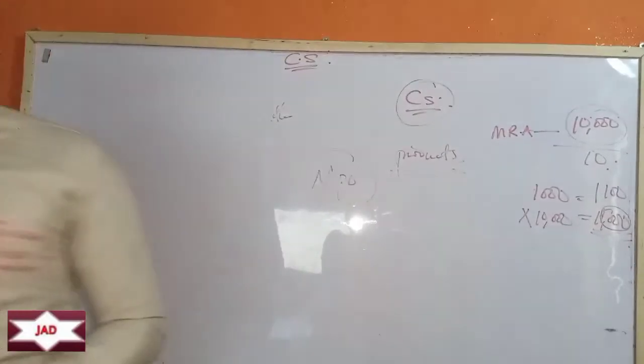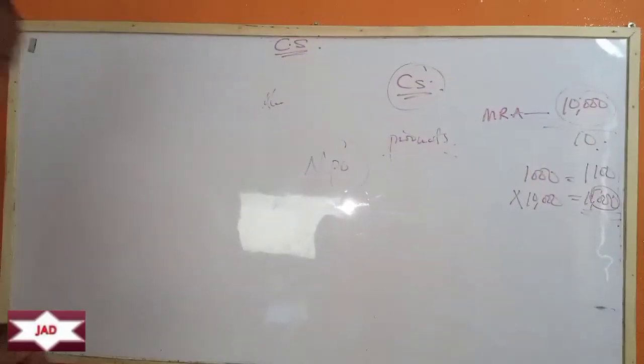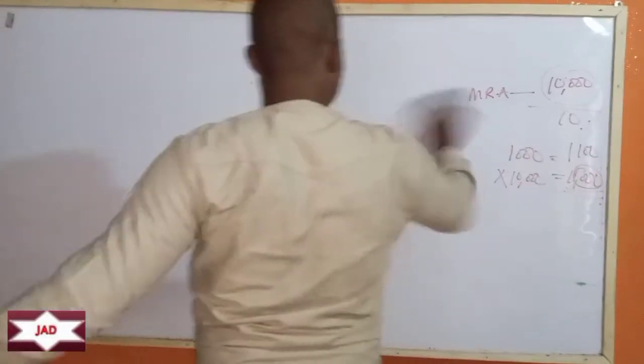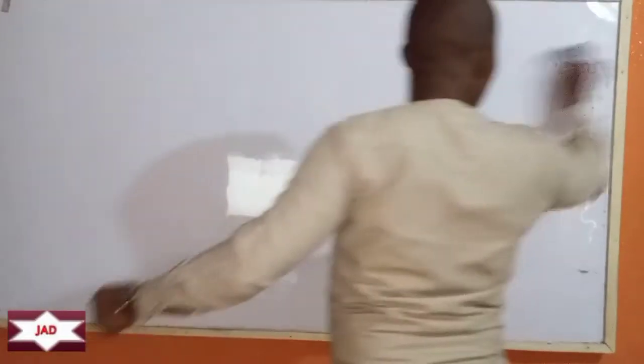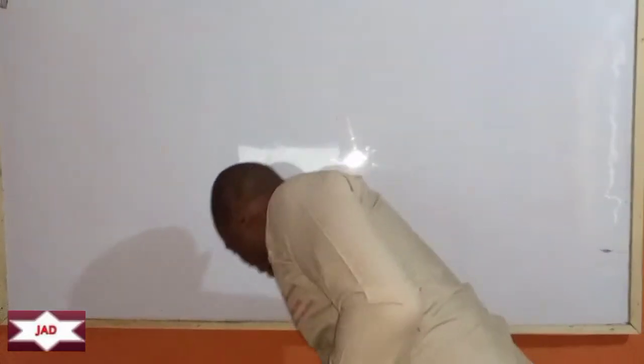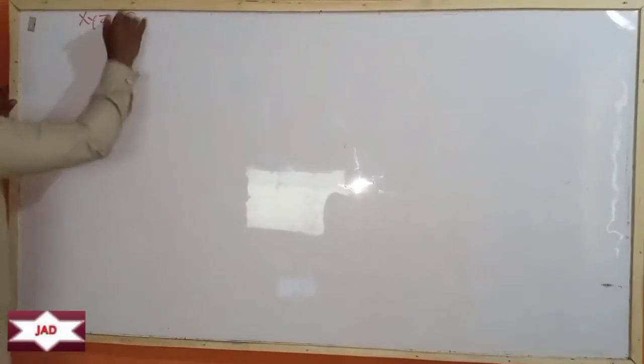Even if you have a company operating that sort of business model, as long as it is registered and approved to operate that sort of model, then you report it as a company. The idea generally is that you must understand where the money is being made. So let's look at this question and quickly solve it.